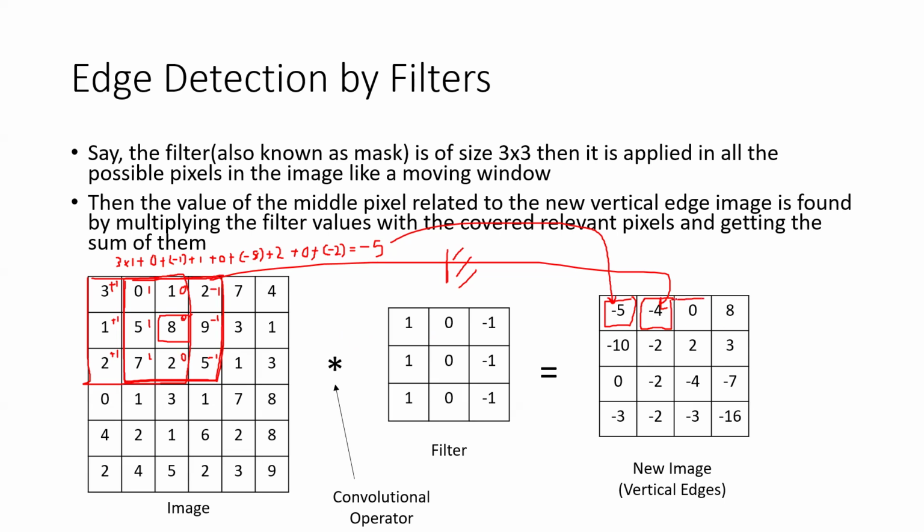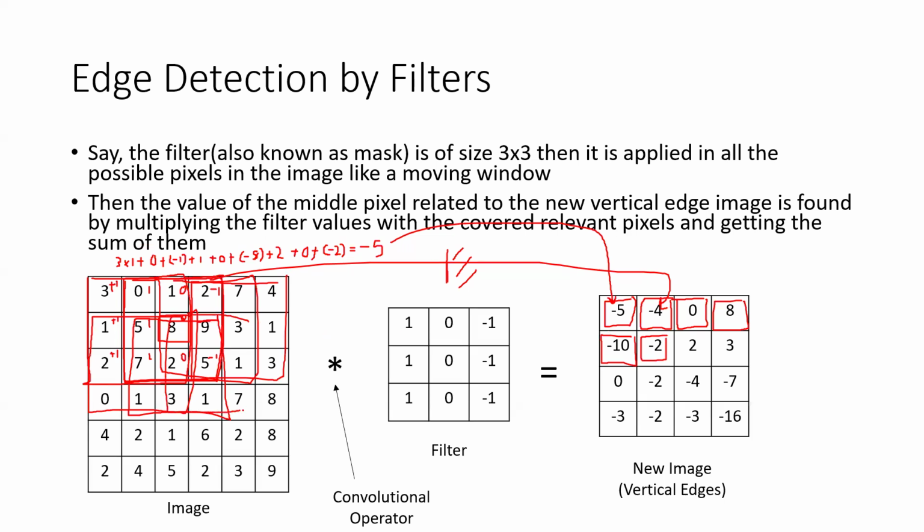Similarly, when you want to calculate this value, you have to move the filter rightwards, apply it and calculate. Again, you can move the filter to this side and calculate the value 8 here. Then you can move the filter downwards and apply it here, and you will get the value -10, and then you move it rightwards onto these pixels and you will get -2.